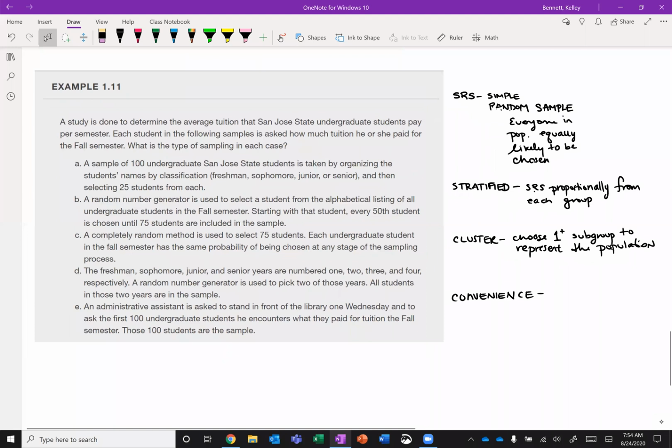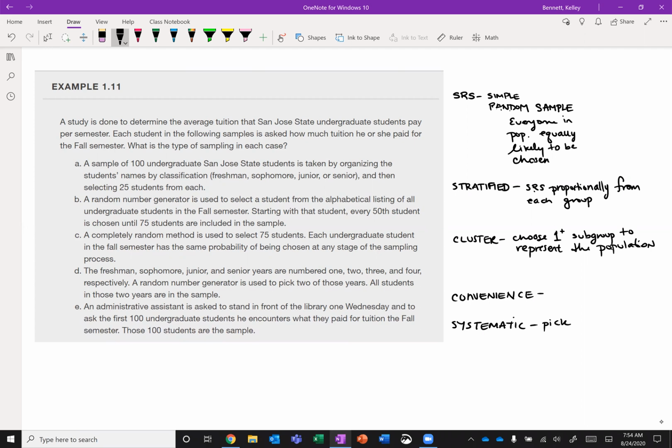All right, so let's look at the first one. A sample of 100 undergraduate San Jose State students is taken by organizing the student's name. Oh, I forgot to write systematic.